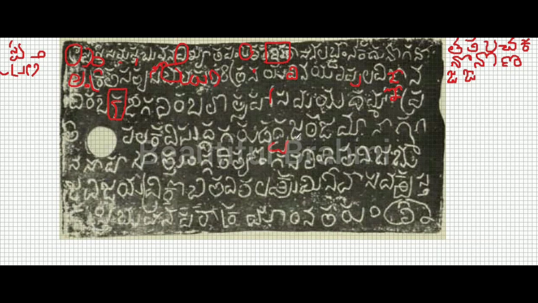Dhwaja, Garuda Dhwaja, then it says Dhwaja, then we have a Raja, Mana, Ga. We have a Gu over here and a Raja, Mana, Gmuna. Then we have a tu, tunga.